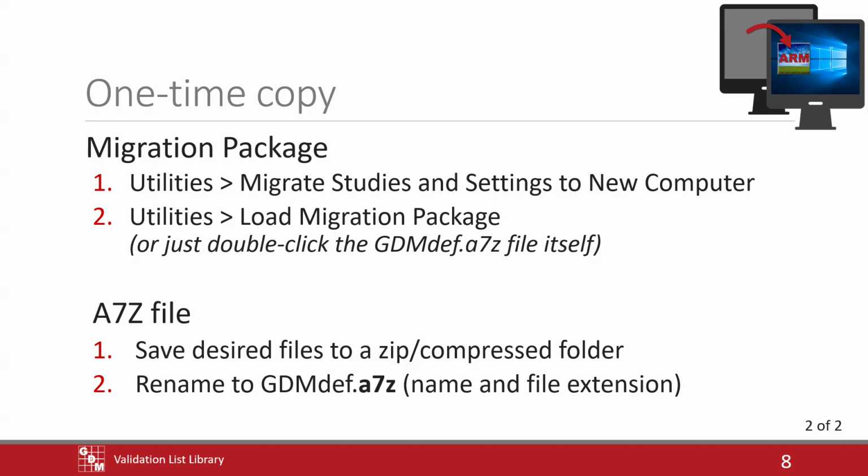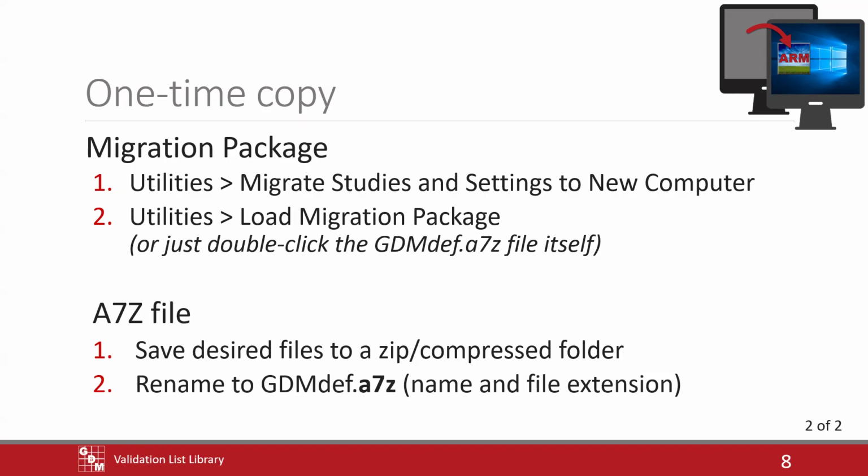You would dive into your computer in that gdmdef folder where your lists and your SEs and things like that are saved. And you can just dive in and select all of the files that you do want to share, and then save them into a zip folder or a compressed folder. And it's just a simple right click within Windows to do that.